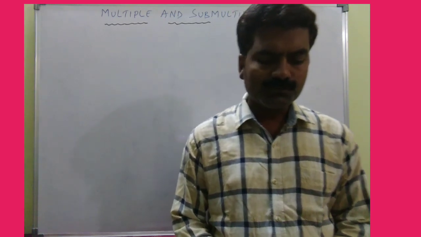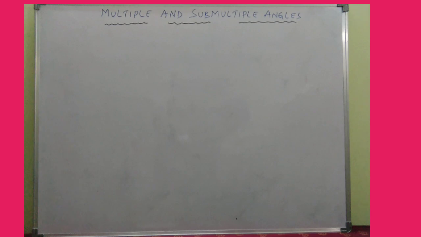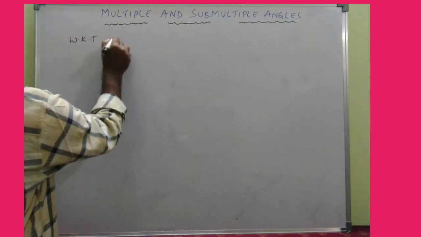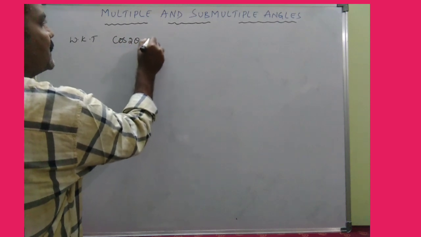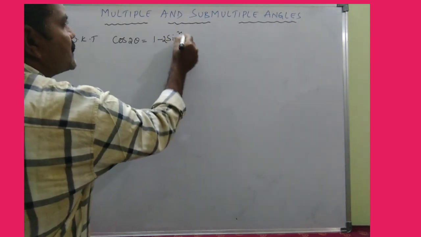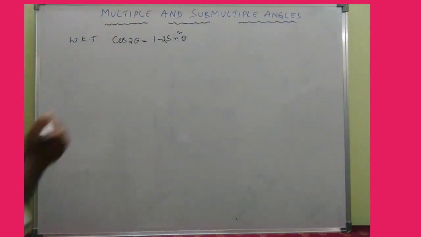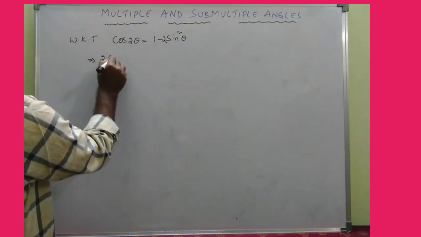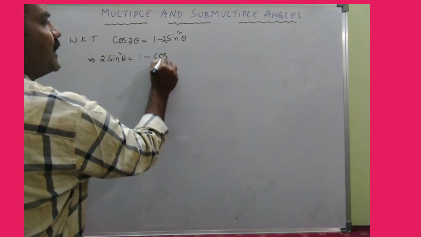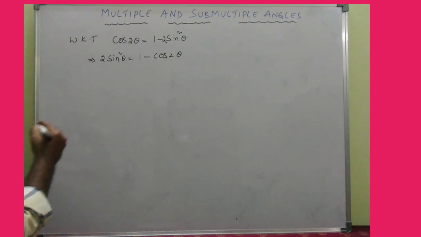Coming to this video, we are going to discuss the values of sin 22.5, cos 22.5 and tan 22.5 degrees. First of all, we know that the formula for cos 2 theta is 1 minus 2 sin square theta, isn't it? So from this, if you bring 2 sin square theta to this side, 2 sin square theta is equal to 1 minus cos 2 theta, right?